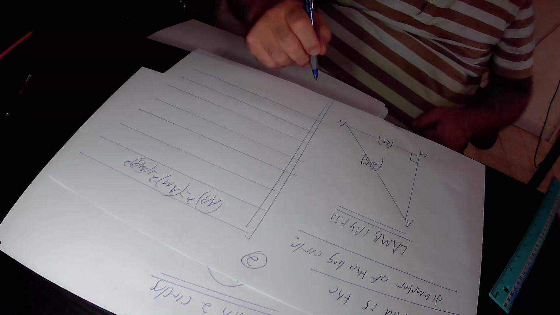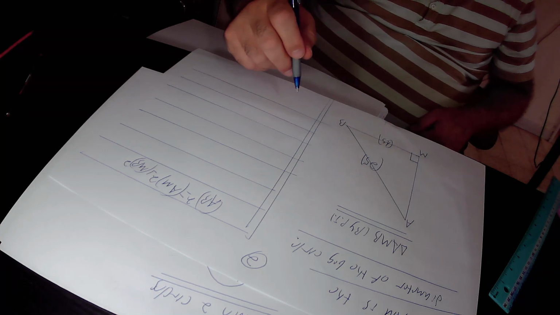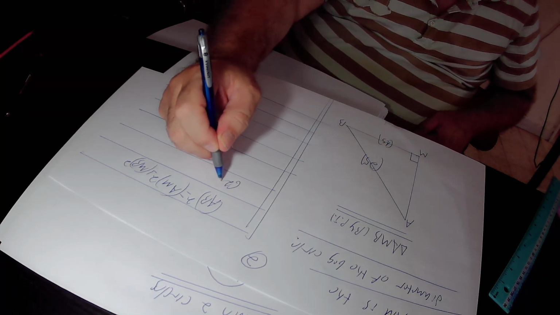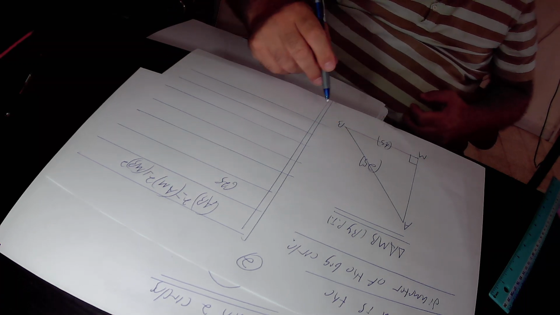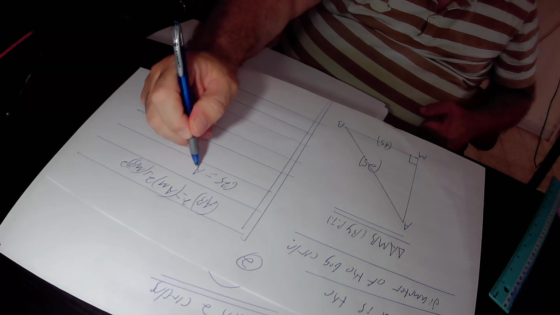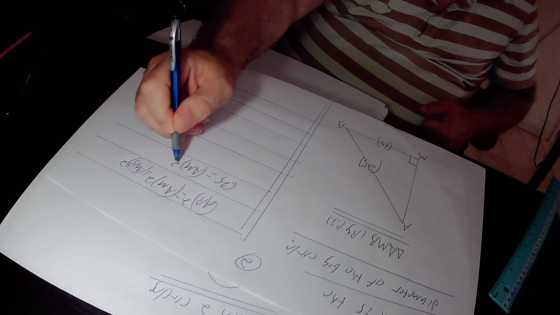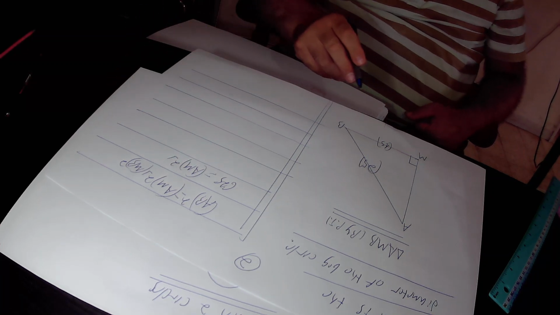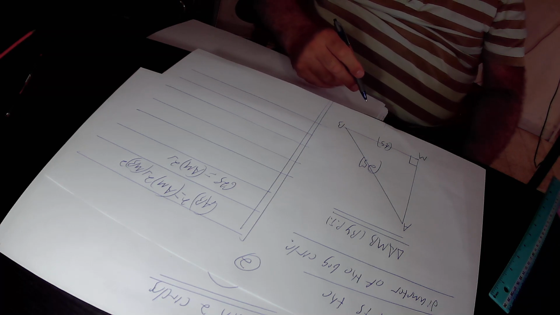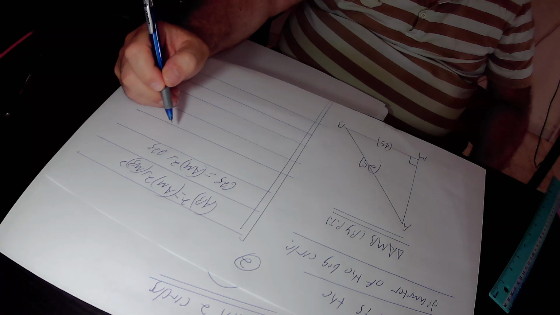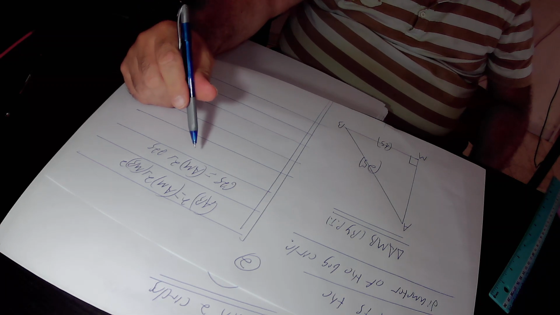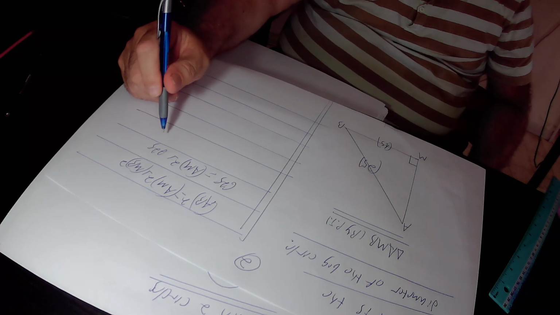The hypotenuse AB is 25, therefore AB squared is 25 squared, that is 625, and it is equal to AM squared, the missing side, so we'll leave it as it is, plus MB squared. MB is 15, therefore MB squared is 225. So according to the Pythagoras theorem, 625 equals AM squared plus 225.